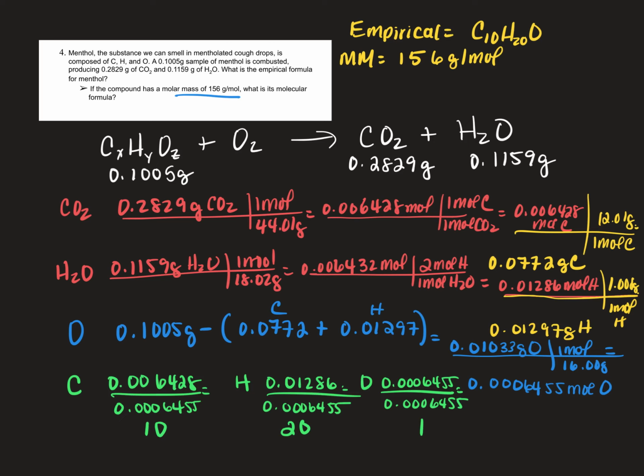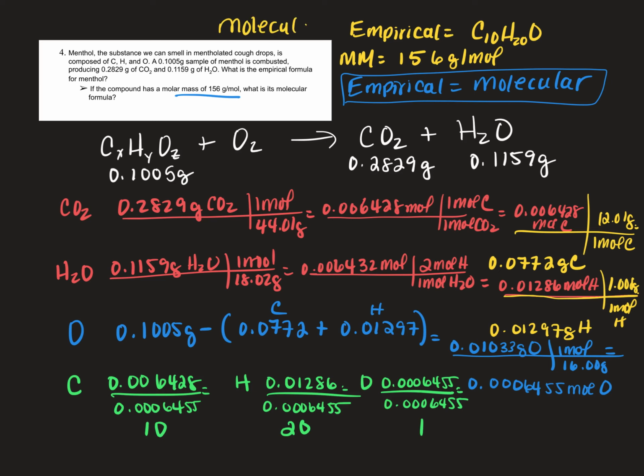So that would have to mean, since the molar mass of the empirical formula equals the molar mass of the molecular formula, that this formula, C10H20O, is both the empirical and the molecular formula. So this is empirical, so it's molecular, and the empirical formula equals C10H20O.